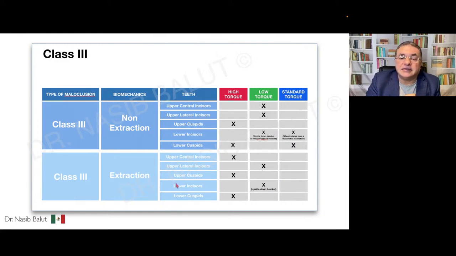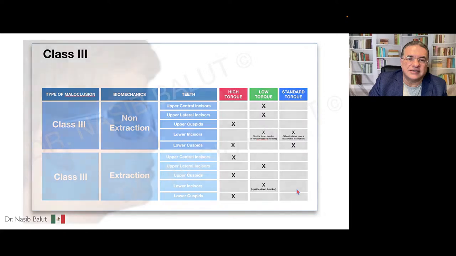And in lower incisors, there are no high torque for lower laterals. I will place low torque brackets, but upside down, or standard torque brackets. So in general, this is my selection of torque that I will use in all my class 3 cases.